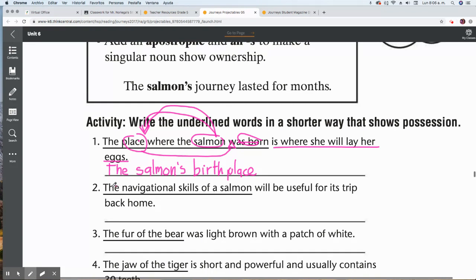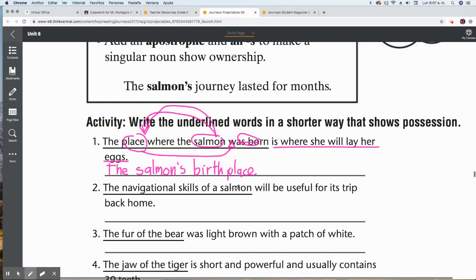Number 2 says the navigational skills of a salmon. What is this underlined part of the sentence talking about? It's talking about the navigational skills of a salmon. So which noun will become the singular possessive noun?